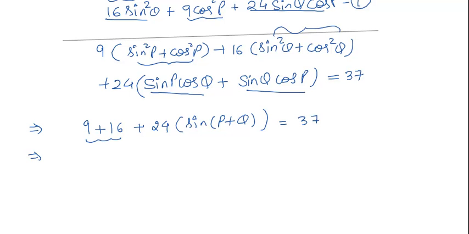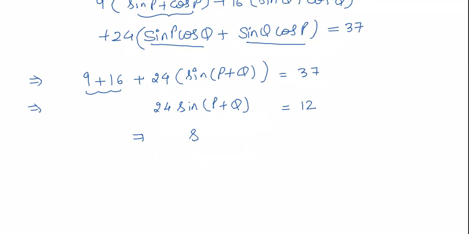It will go to the right hand side, that will subtract it from 37, that will give 37 minus 25, that will be 12. So 24 sin of P plus Q equals 12, and that gives sin of P plus Q equals 12 over 24, that is 1 by 2.